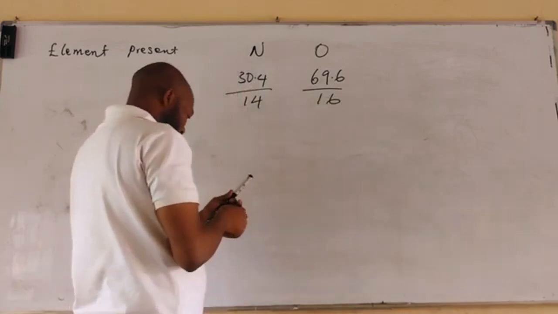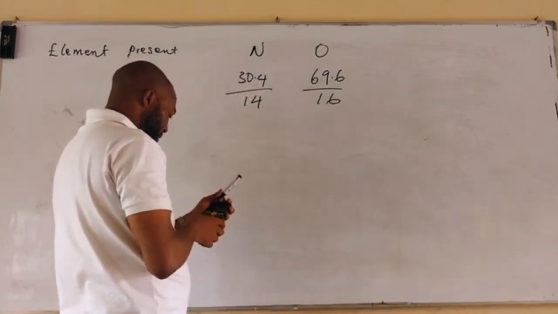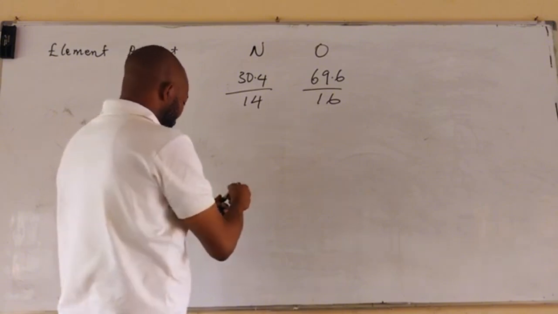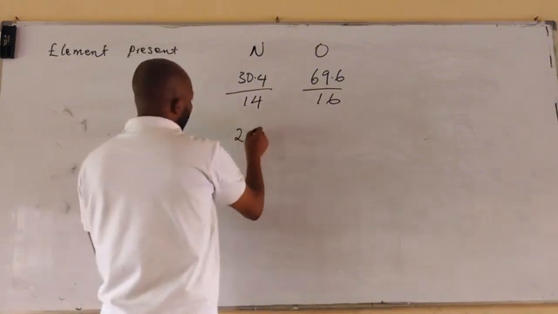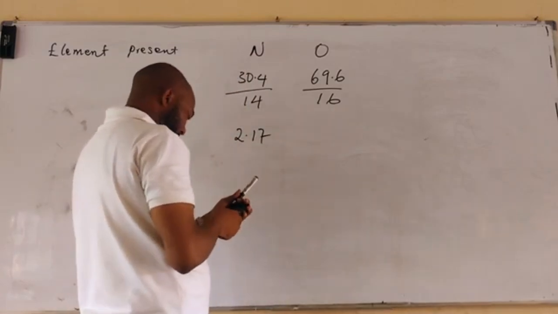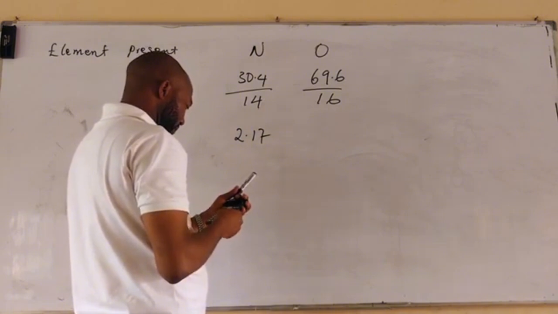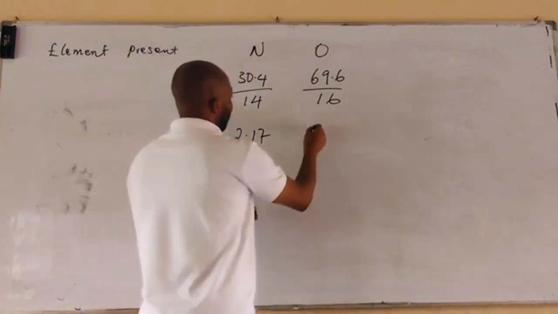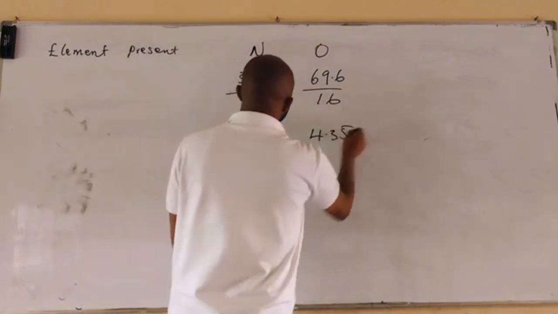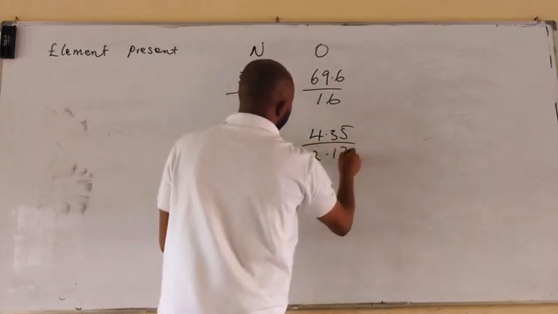So 30.4 divided by 14 is 2.17, and 69.6 divided by 16 is 4.35. Divide by the lowest, which is 2.17.